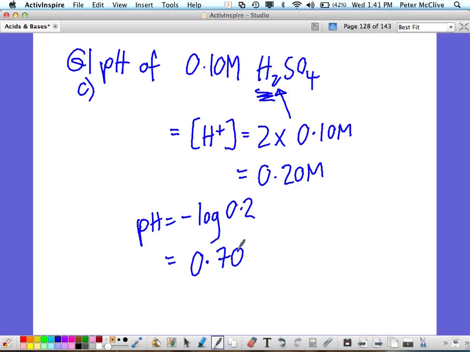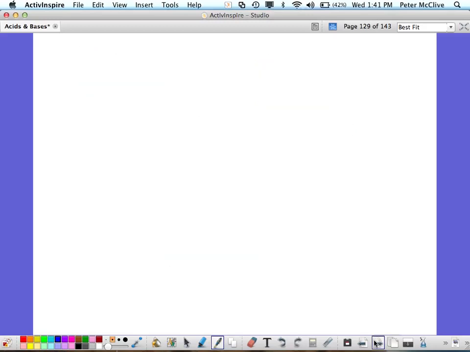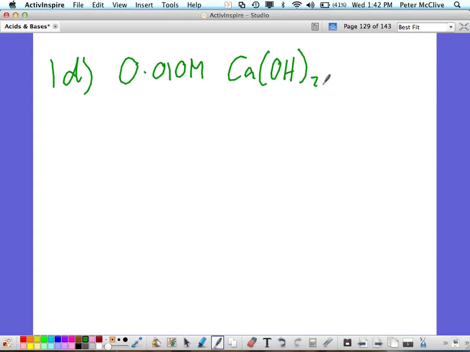Okay, what's a more tricky one you might get? That's it. So you don't have any hydrogen ions actually, obviously here. So again, it's the same concentration, is it? No, not quite. But it's calcium hydroxide. Okay.